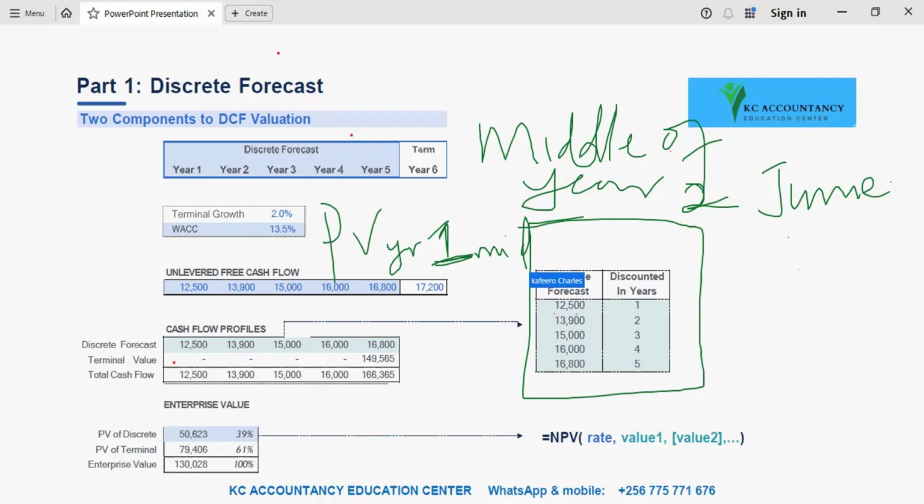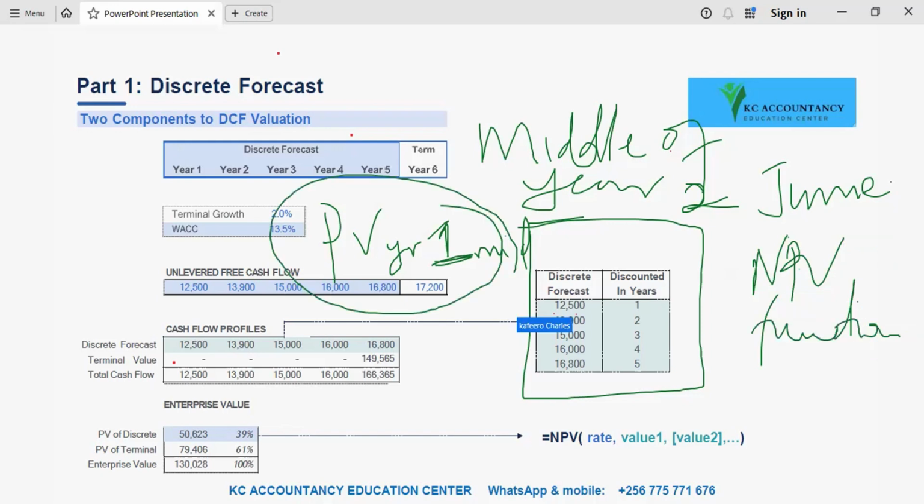In other words, the NPV function should give us the NPV for the timing of mid-year 1.